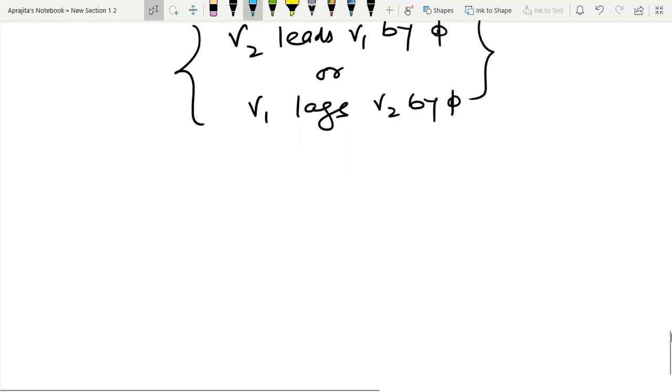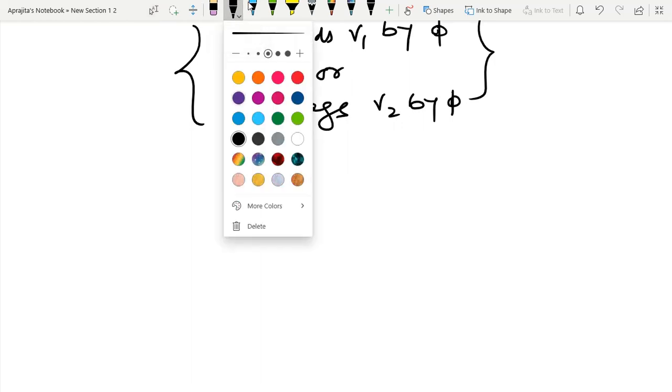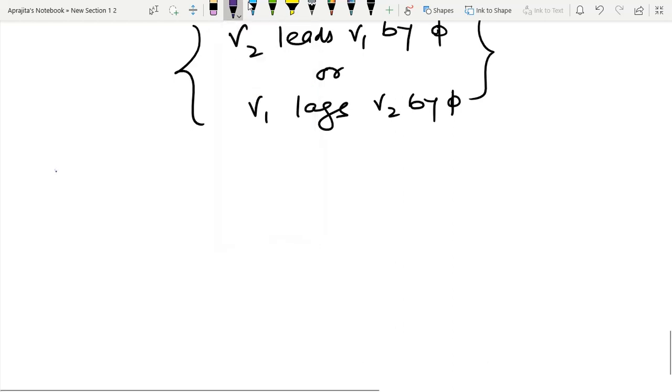We are also going to note the following. Some other terminology is also used in the literature.